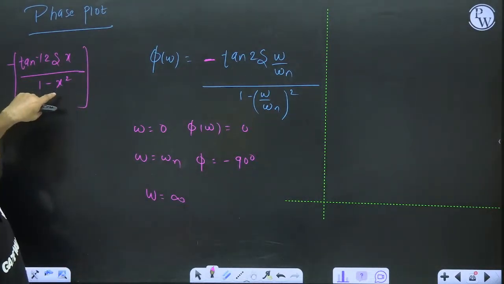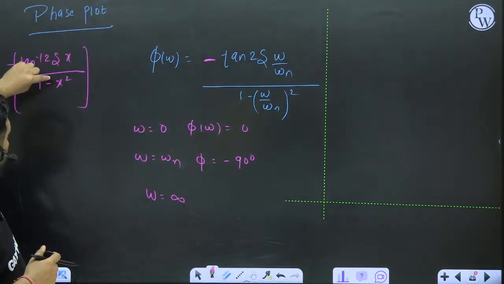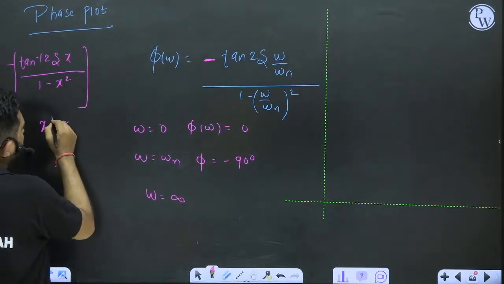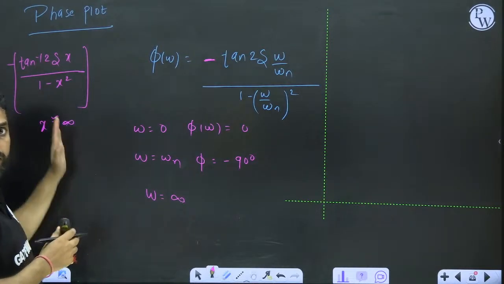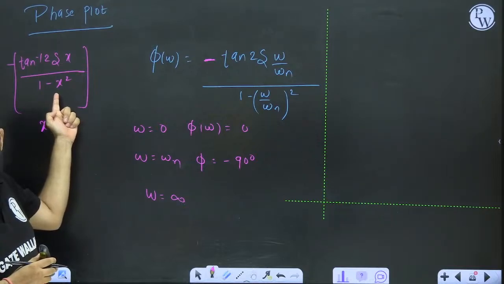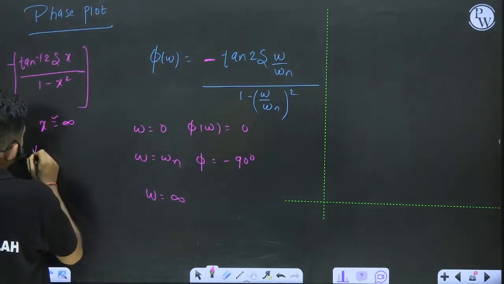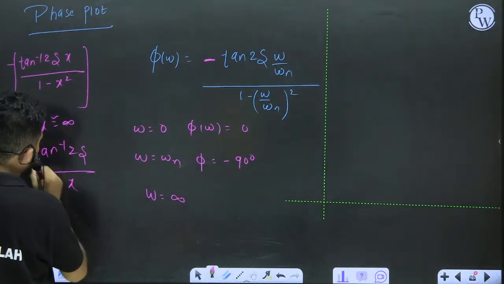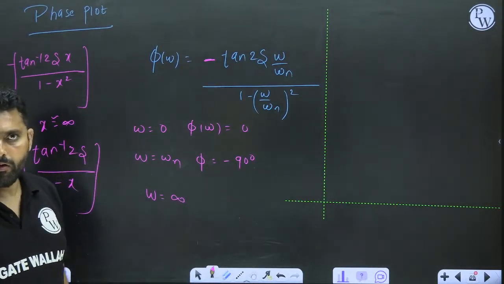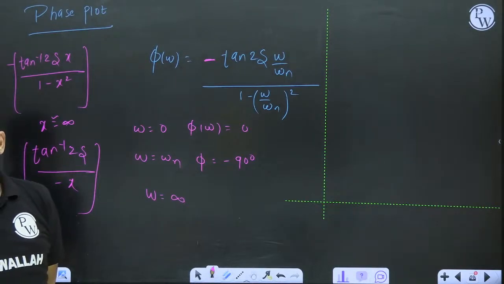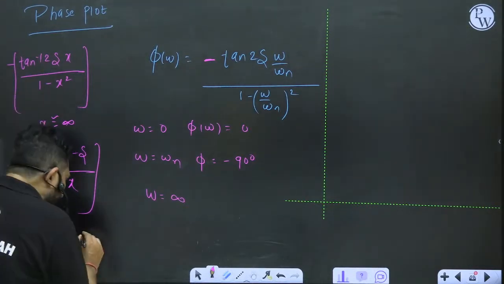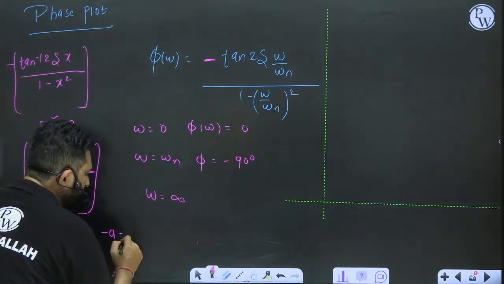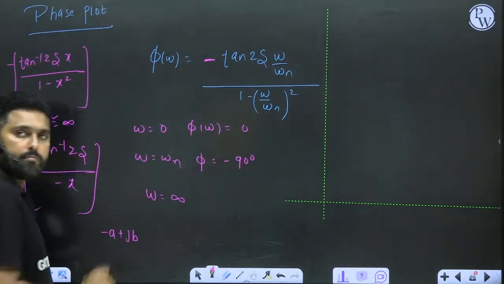And since x is tending towards infinity, 1 is very small compared to x square. So we can write this as tan inverse of 2 zeta divided by minus x. Don't you think that I will get the minus a plus jb case?